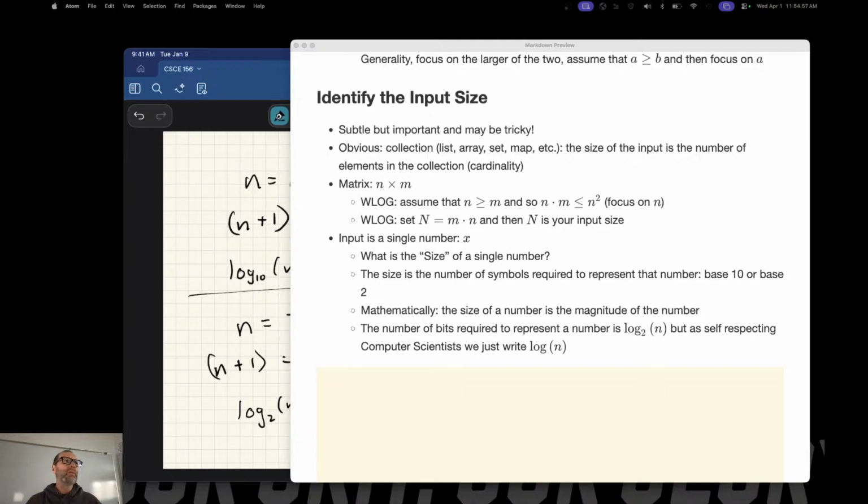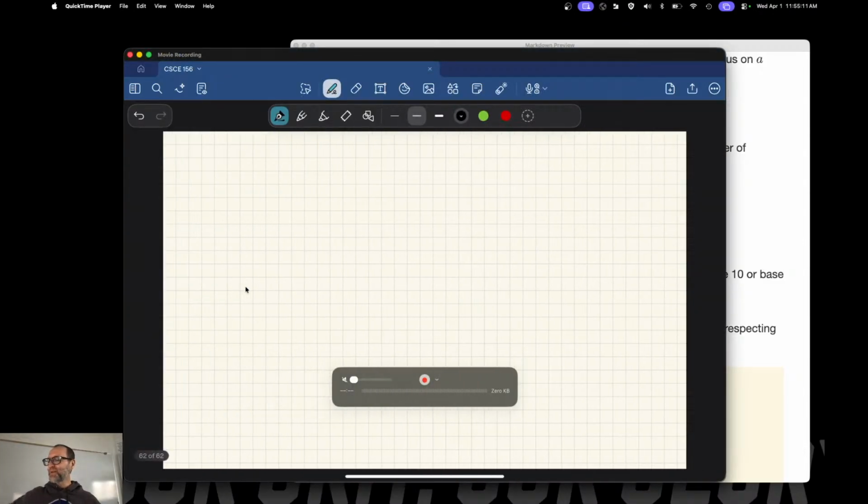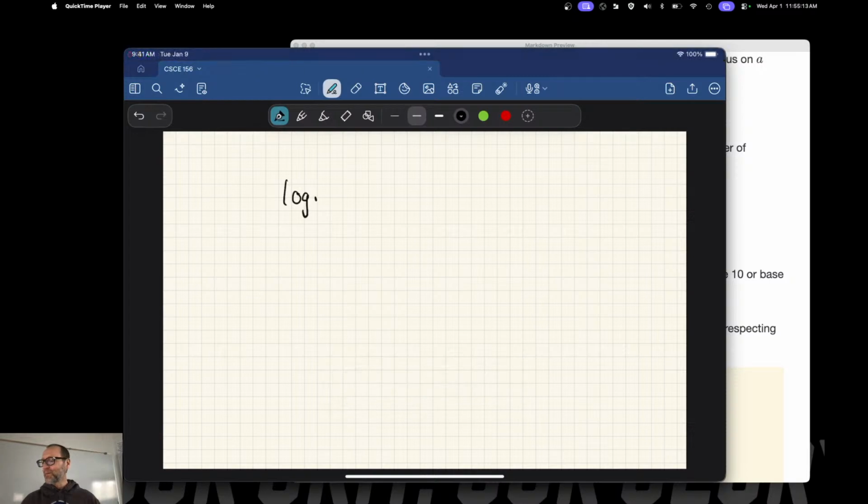Do we all remember the change of base formula? You were given logs in high school, and you were told, oh, you have to memorize all these formulas. You can always change the base by some constant. Do you remember the change of base formula? Log base b of a is equal to, let's go with x there, sorry, log base a of x all over log base a of b. Well, what is log base b of a?